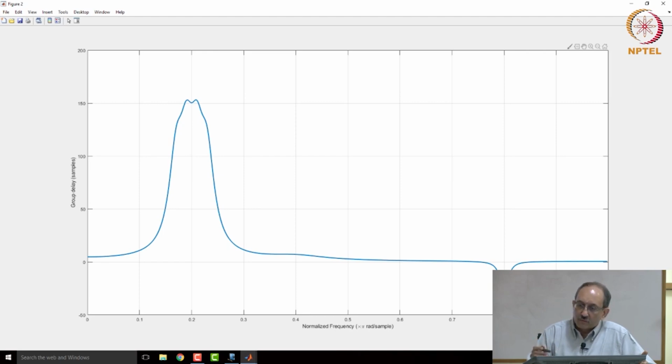If group delay physically means delaying of the signal by so many samples, then does it mean if the group delay is negative, the system can advance your input, which means this is non-causal, which is not possible. But the important point to note is, for all practical filters in the passband, the group delay will always be positive, and if they go negative, it will be in the stop band, which really does not matter, there is no physical interpretation.